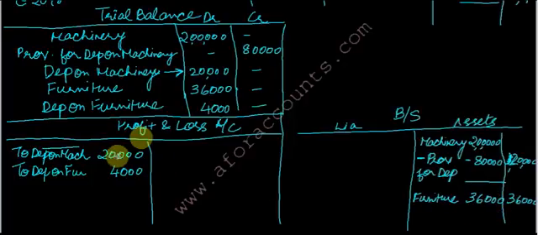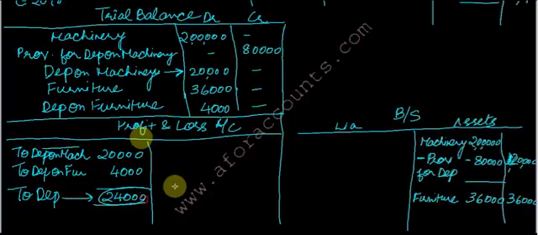And the total of this, 20 plus 4, is 24,000. I will take it out in the outer column saying to depreciation. You can write it here, to depreciation, and take this 24,000 out in the outer column, and just remove this. Depreciation on machinery 20,000, depreciation on furniture 4,000, and to depreciation 24,000.